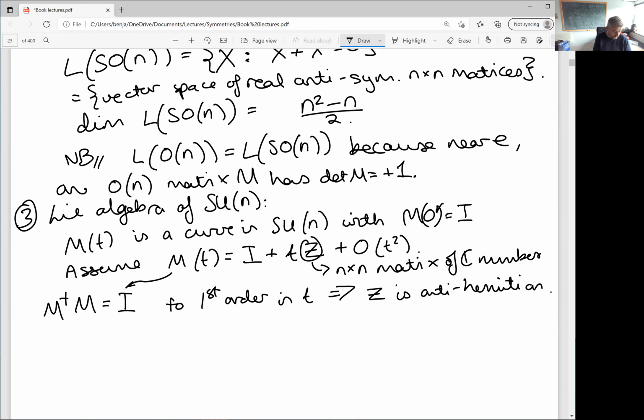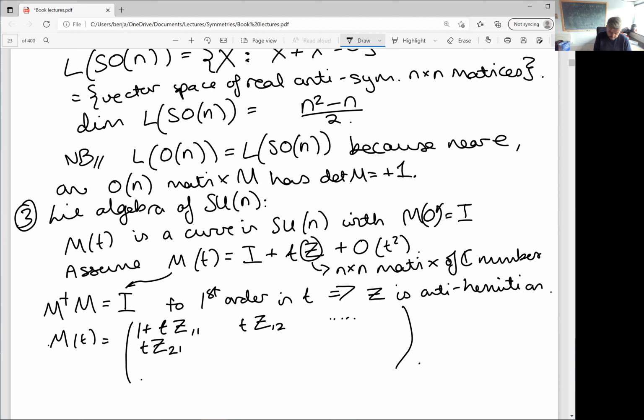Okay, so expanding M of t, if we just look and see what this is, we just take into account the fact that Z is anti-Hermitian here.